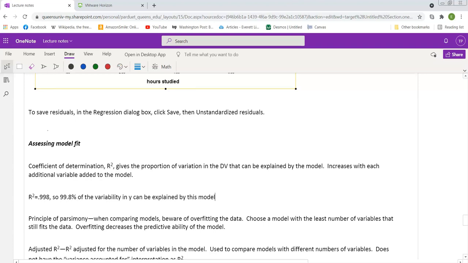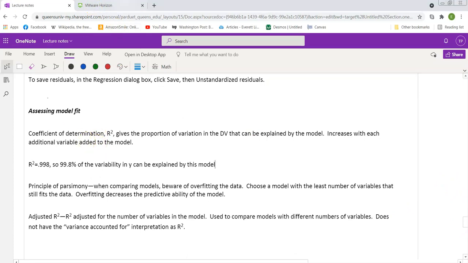It's like what your doctor does when they're prescribing you medicine. They want to give you enough, but they really don't want to give you any more than that. So if we overfit the model, then it doesn't really generalize as well. So we want to keep it down to a reasonable number of variables. All things being equal, fewer is better.